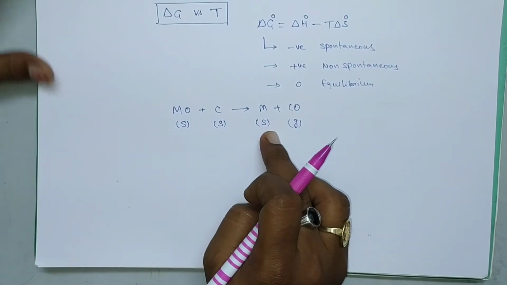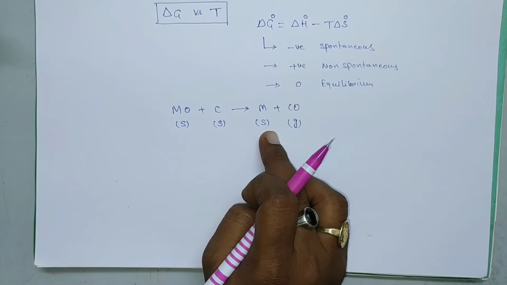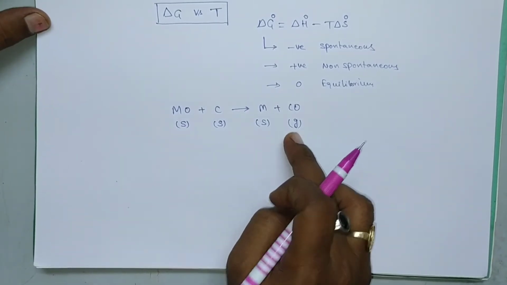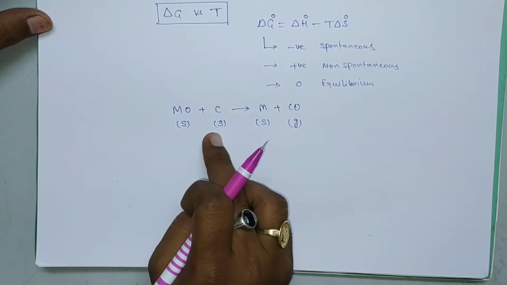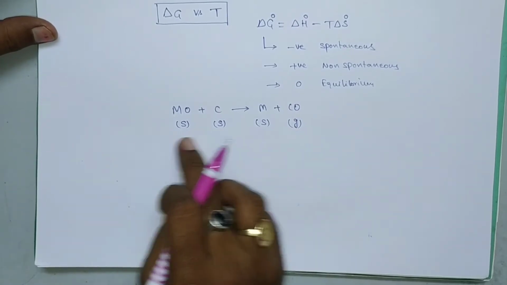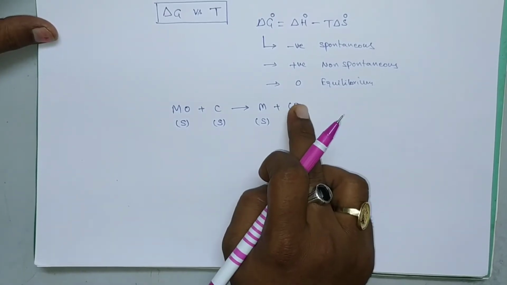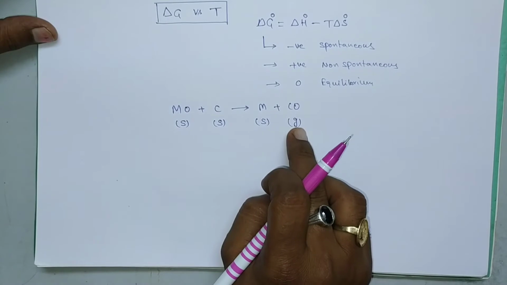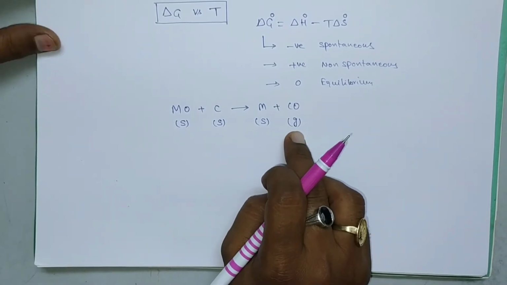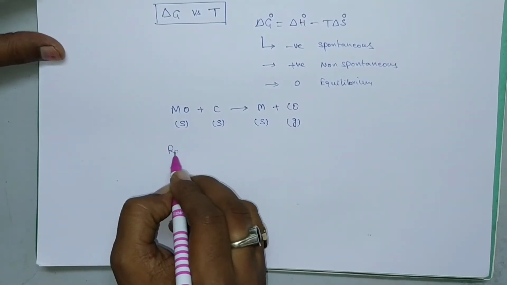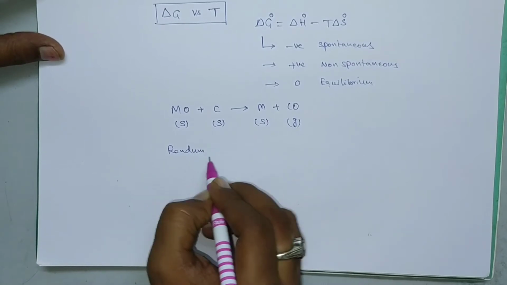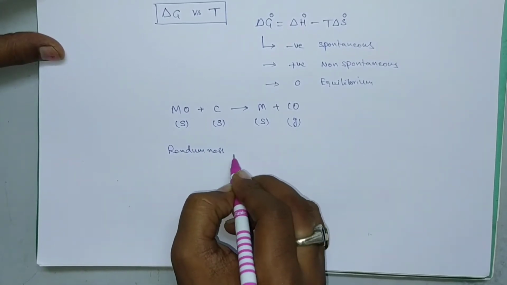Generally the disorderness or randomness is more in gaseous molecules than in solid molecules. So during this process the disorderness of the molecules increases.